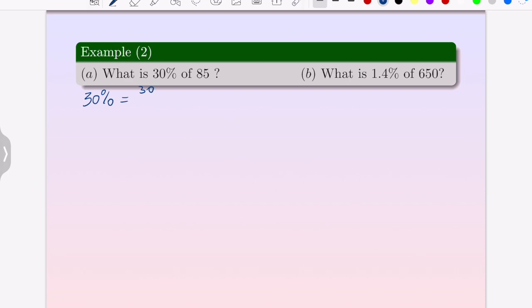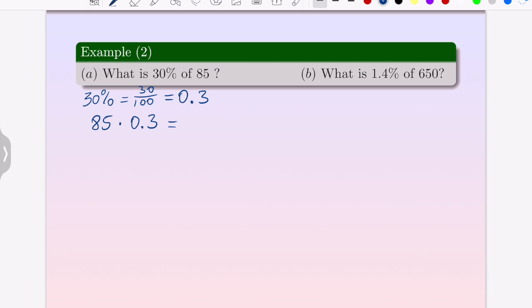So 30 out of 100, we divide and this is 0.3, or you can move the decimal 1 and 2. Once we have this, we use the equation: original amount 85 times the percentage in decimal 0.3 gives me the final amount.